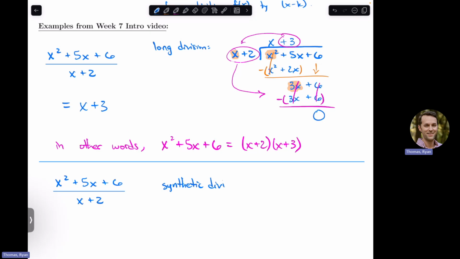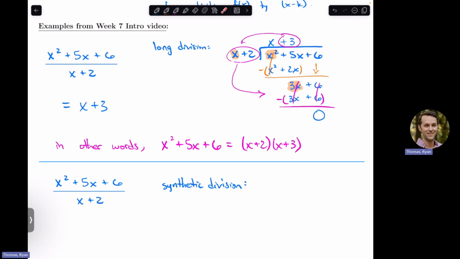Long division is kind of showing the full details of how everything works. Synthetic division basically says, hey, what if, and by the way, synthetic division only works for a linear divisor, so the thing in the denominator has to be degree 1, or synthetic division won't work.